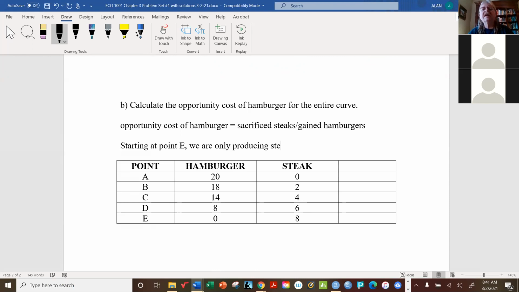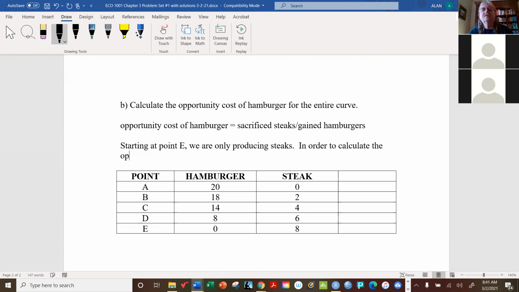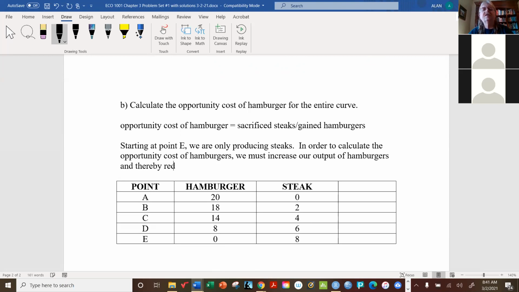So in order to calculate opportunity costs of making hamburgers, we must increase our output of hamburgers and thereby reduce our output of steaks.